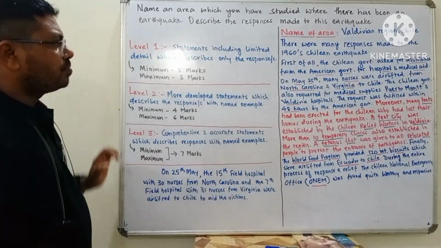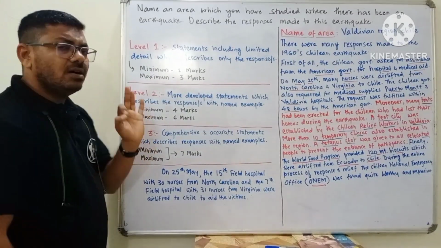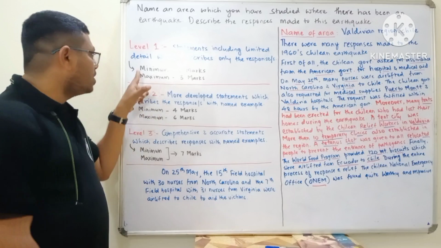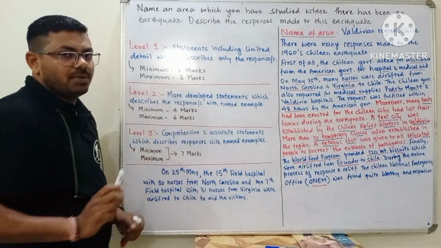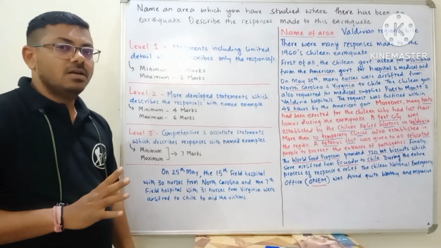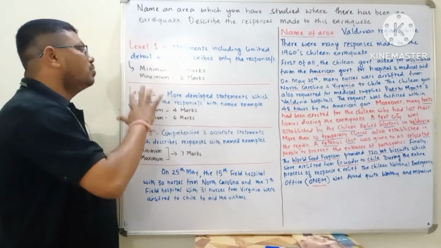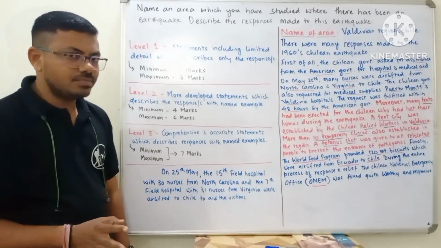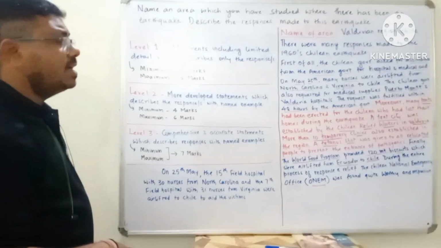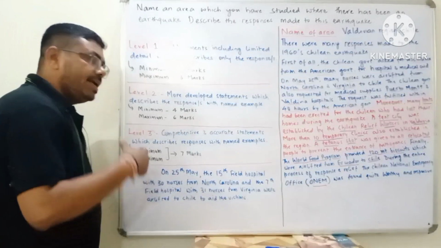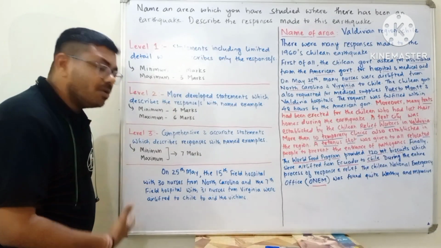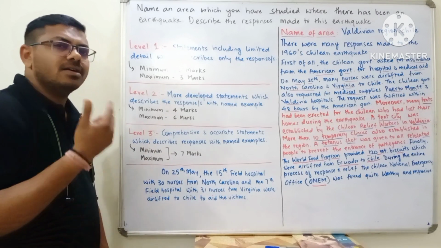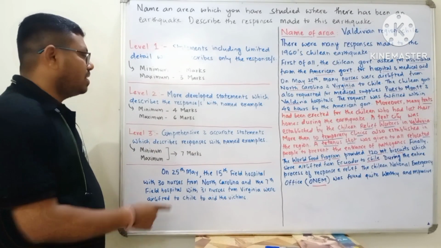Level 1 is all about a case study answer where a student can score minimum 1 mark or maximum 3 marks. If any answer is written at level 1, the student will get maximum 3 marks out of 7, or 1 mark out of 7. If students are writing level 2 answers, then the minimum marks they can get out of 7 is 4 and the maximum a student can score in a level 2 answer is 6.